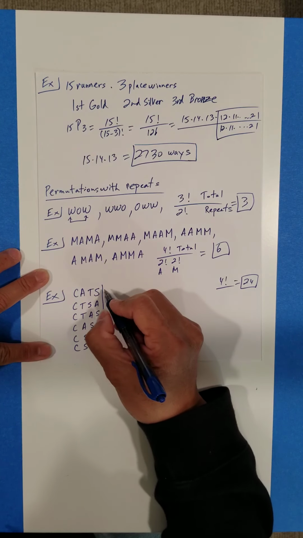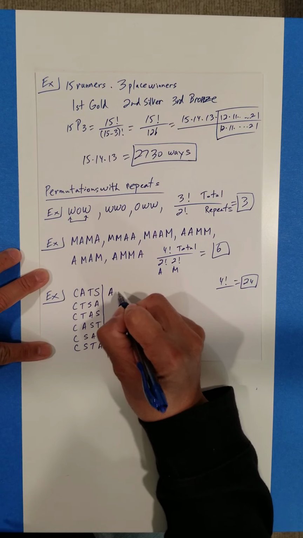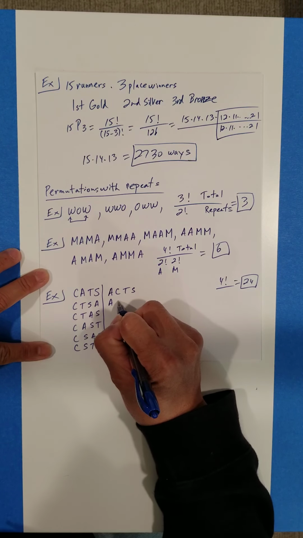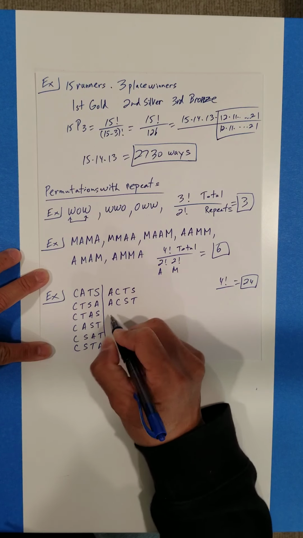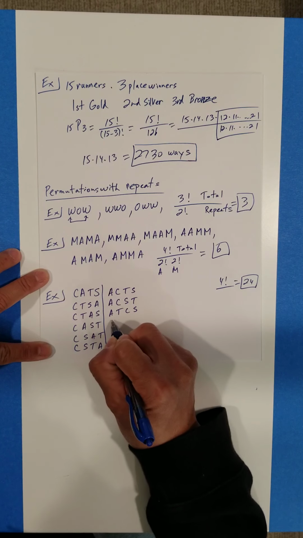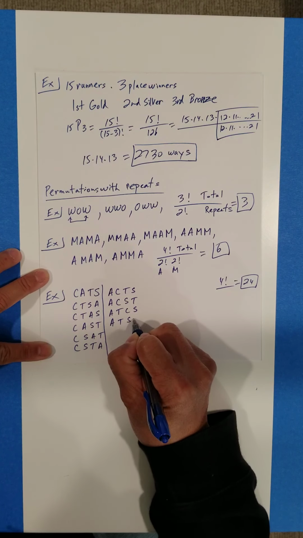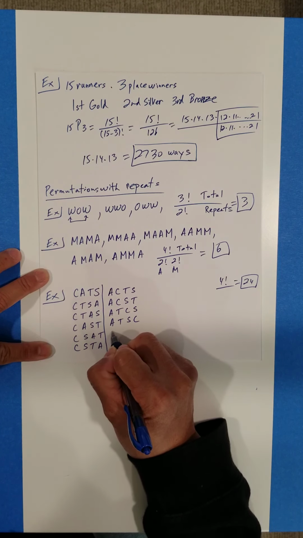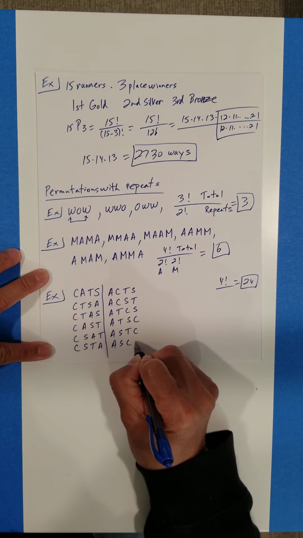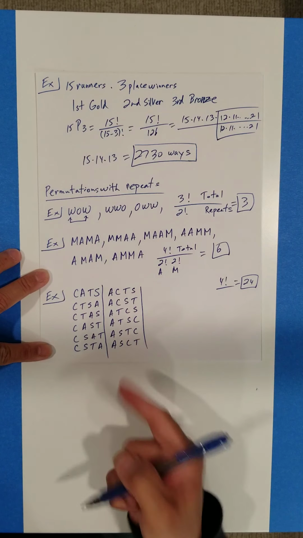For example, I can do A, C, T, S, A, C, S, T, A, T, C, S, A, T, S, C, A, S, T, C, A, S, C, T. See? There's another 6.